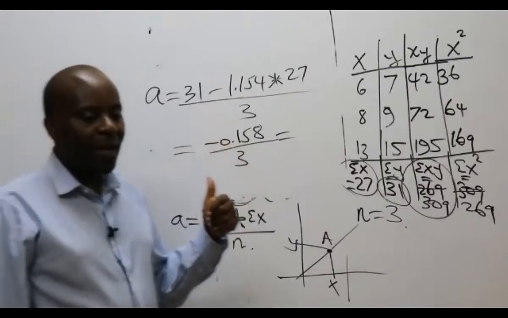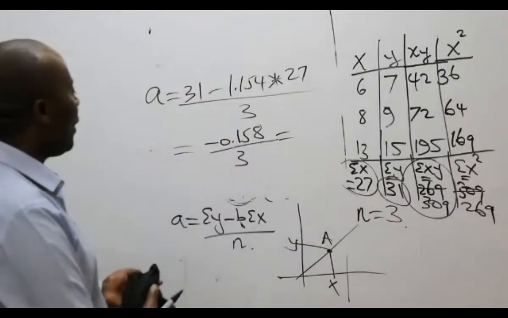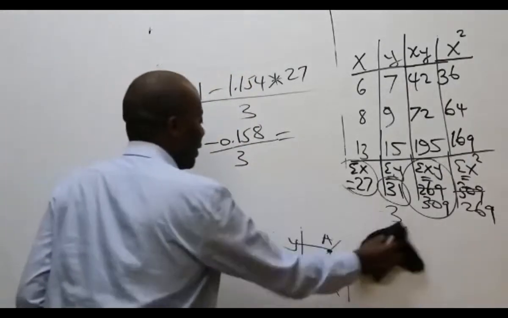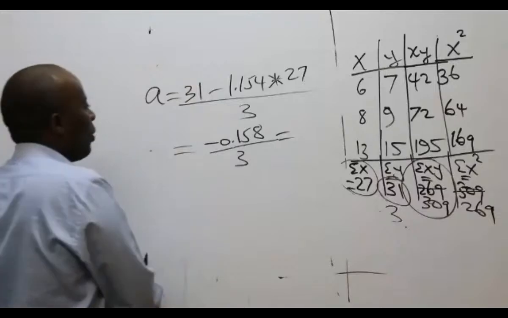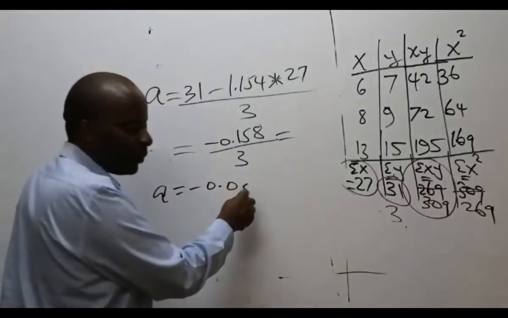According to Amaya, it is minus 0.053. Collins, 0.053. These are good students. They have said that A should be negative 0.053.